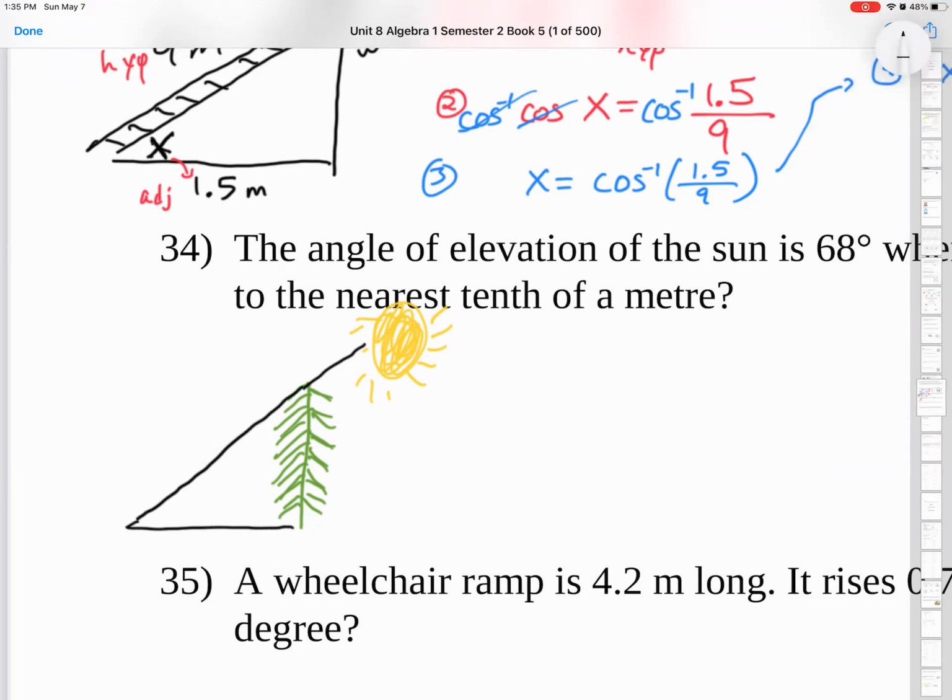And this angle that they give us is 68 degrees. So there's our sun. It's casting this shadow. So here's your shadow from the tree. And that angle is 68 degrees from like the edge of the shadow to the sun.